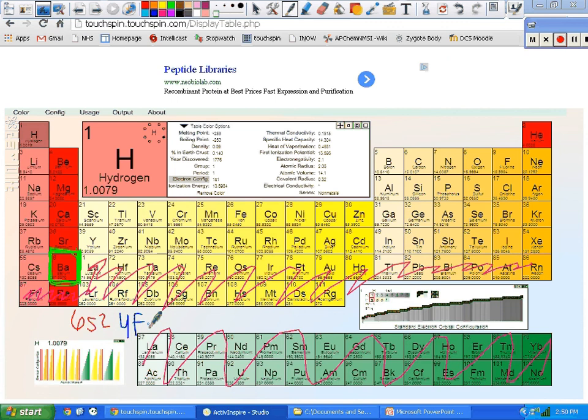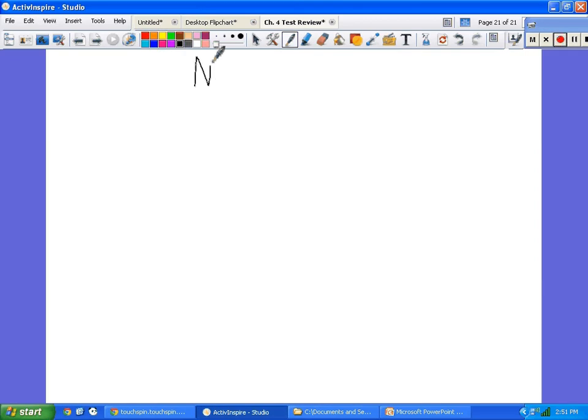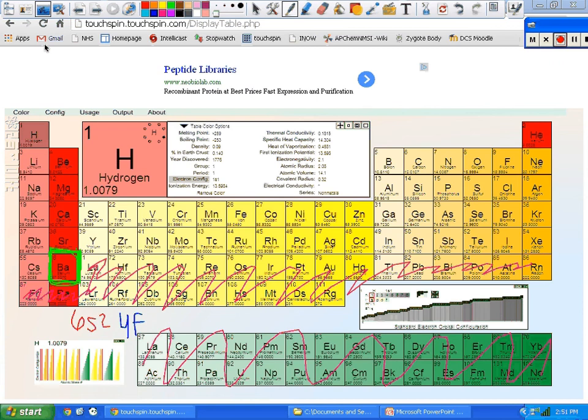All right, last slide, and that is the noble gas configuration. And some of you are having trouble. Yes, I know I misspelled that. Noble gas configuration. So let's go back to the periodic table and figure out how to do it. What if I wanted to do strontium, Sr?